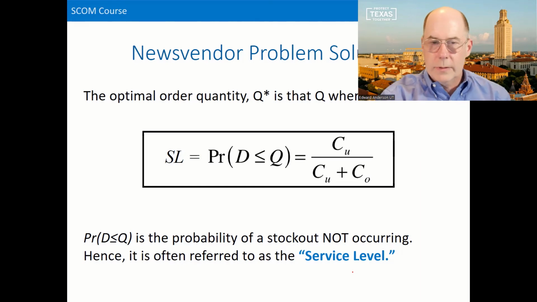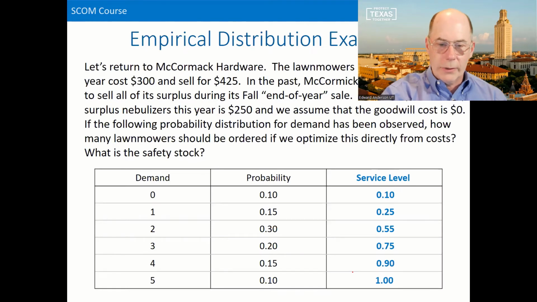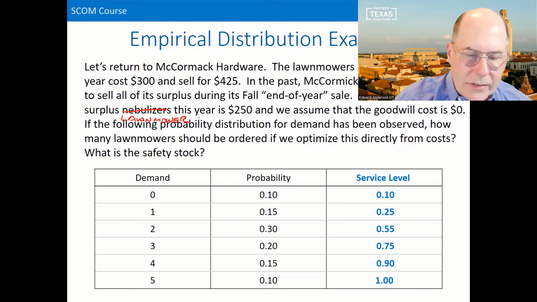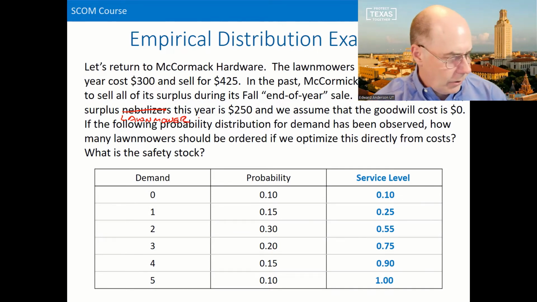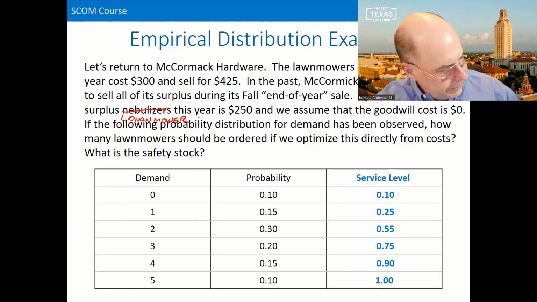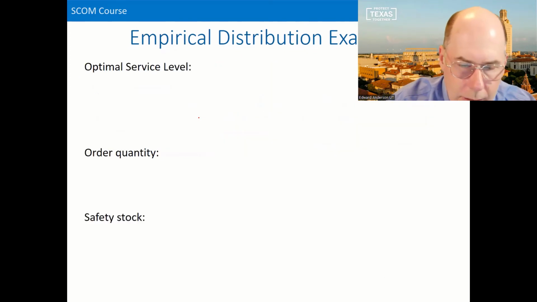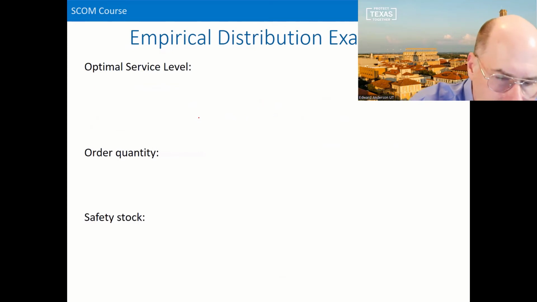And now what we're going to do is apply it to our 2 examples that we had before. One was the lawnmower example. And again, it's not nebulizers, it's lawnmower. But as a reminder, we have all those costs up there. And I'll just write down what they are.